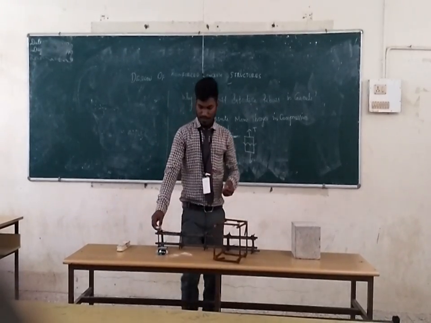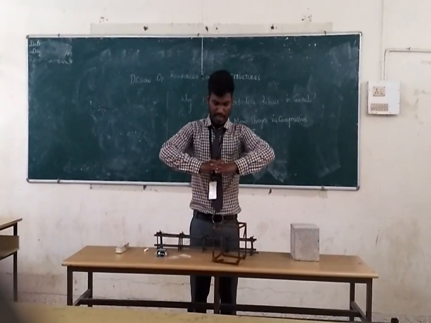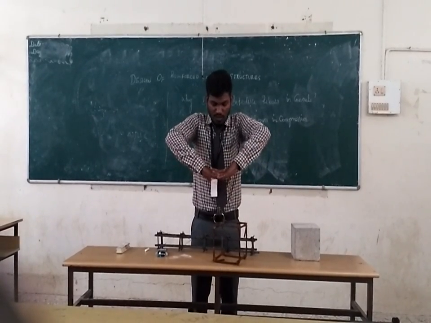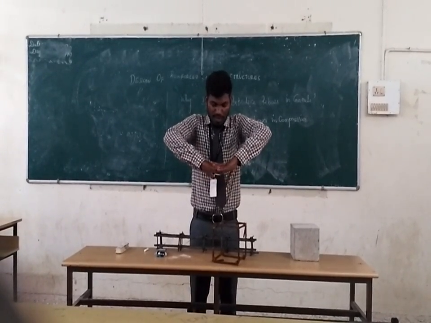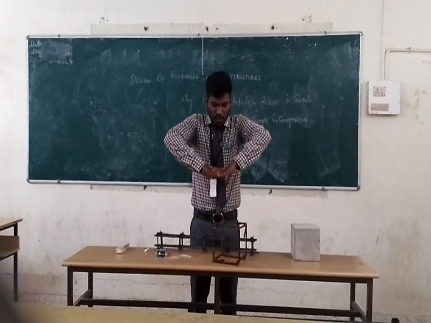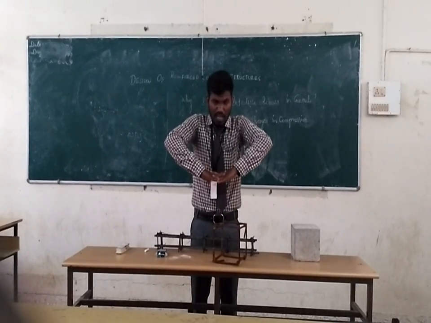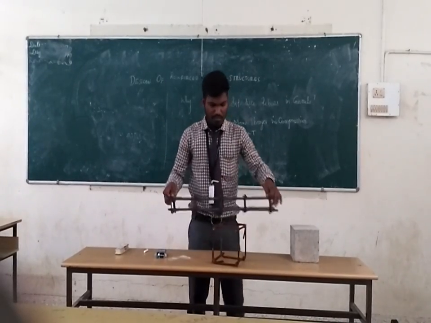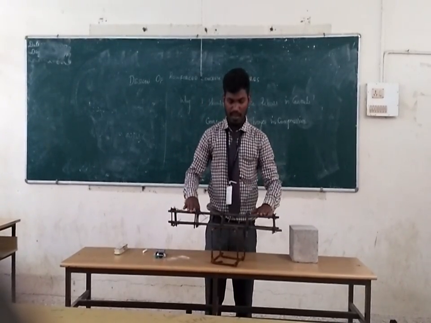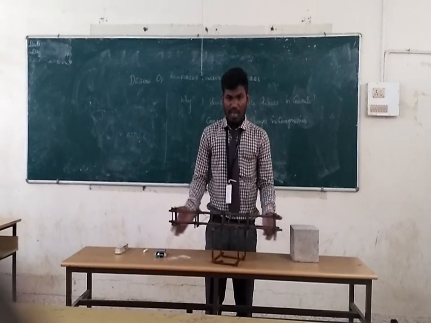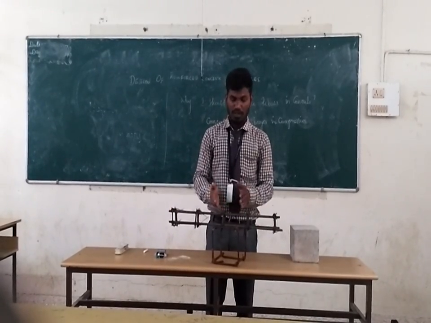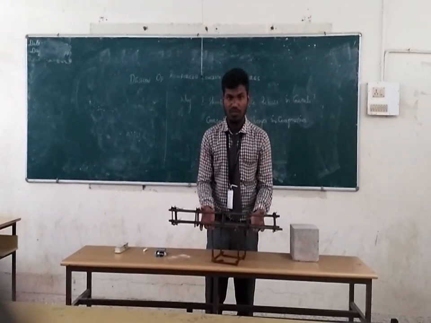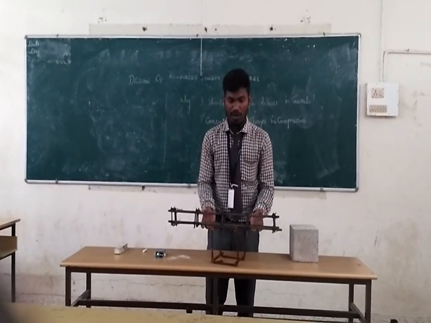Just put your hands like this. This is considered like a beam. If you bend it like this, you can feel that the bottom of your hand stretches out and the top of your hand shrinks. That means when I bend a beam, the compression force is introduced on the top of the beam and the tensile force at the bottom of the beam.